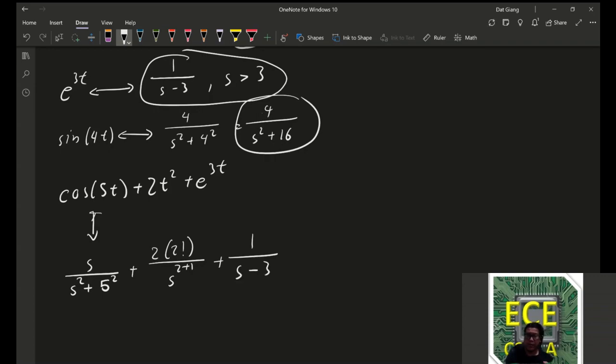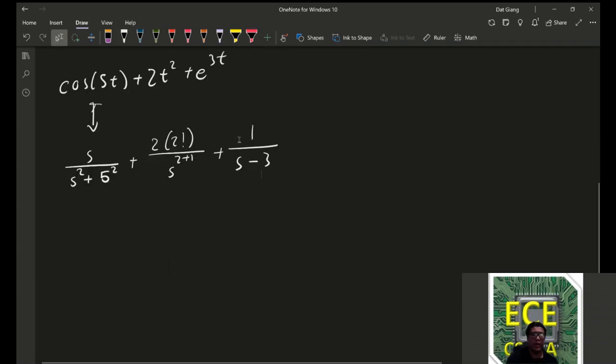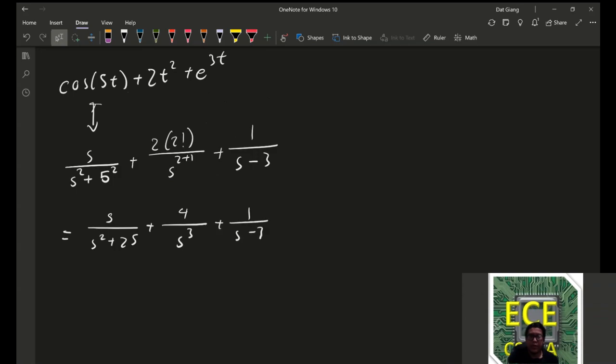Notice that each part is treated as its own Laplace transform, and we just combine them together. So when simplified, we get s divided by s squared plus 25 plus 4 divided by s cubed plus 1 over s minus 3. So that's okay.